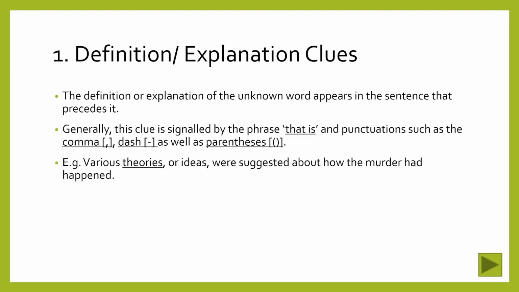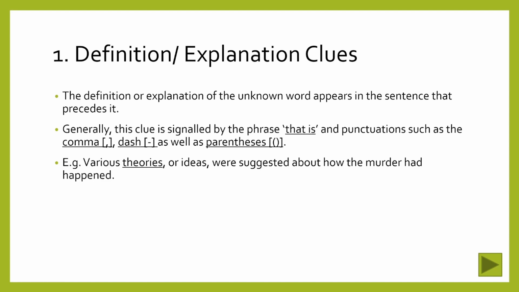Definition or explanation clues. The definition or explanation of the unknown word appears in the sentence that precedes it. Generally this is a clue signaled by the phrase "that is" and punctuation such as the comma, dash, as well as the parenthesis. So, for example, here: various theories or ideas were suggested about how the murder had happened.